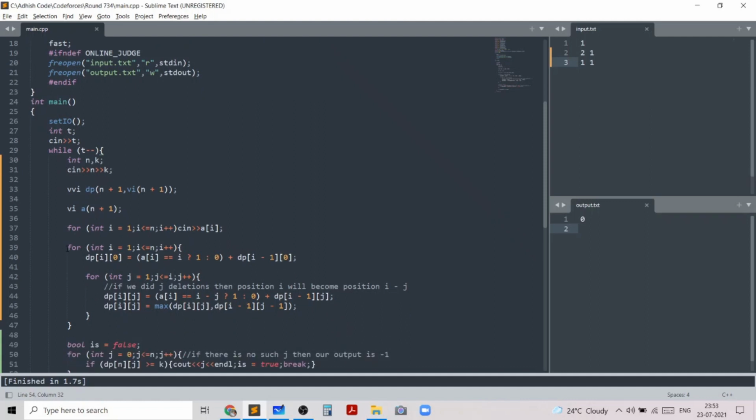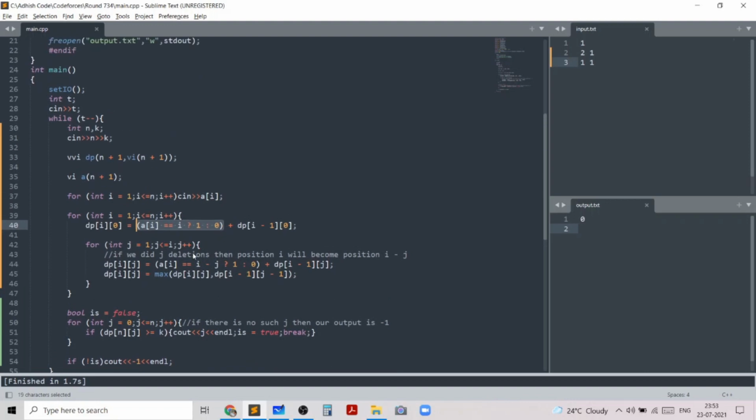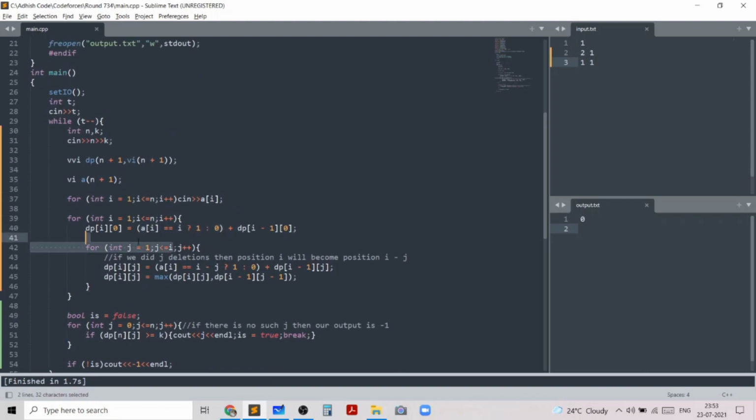Now let's look at the main loop where our dp computation takes place. As I mentioned, the base case was dp[i][0] is dp[i-1][0] plus 1 or plus 0. Plus 1 happens in the case when a_i is equal to i, and plus 0 happens in the case when a_i is not equal to i. So that is taken care of in one bracket. Then we compute the dp values.